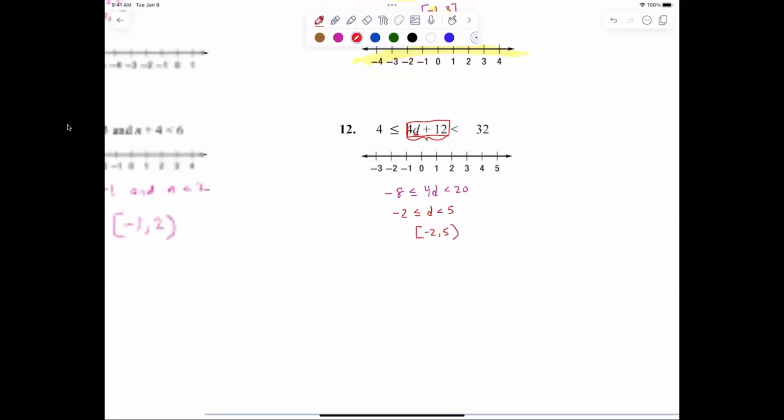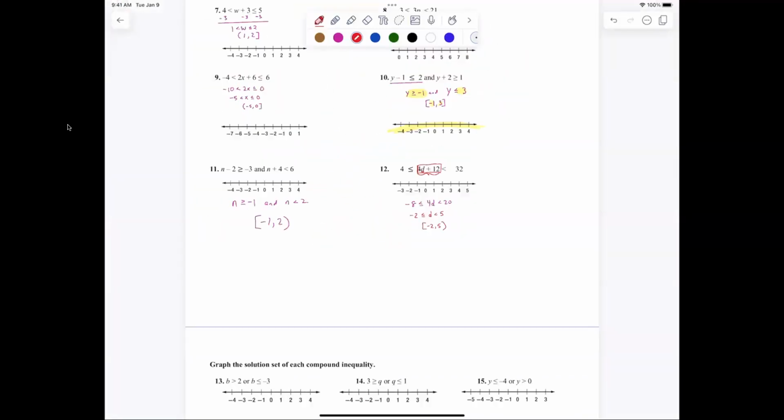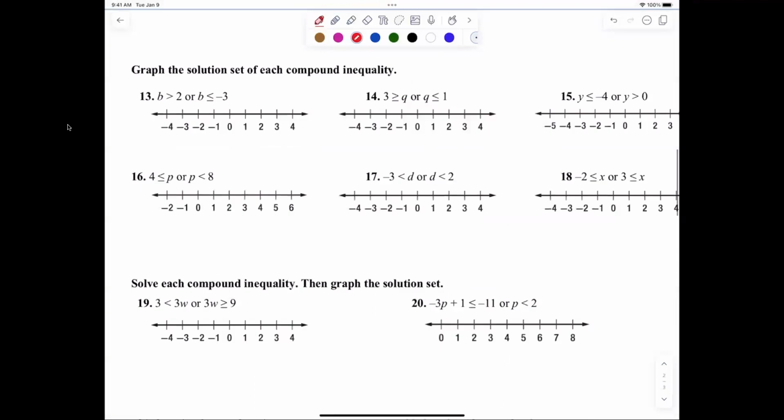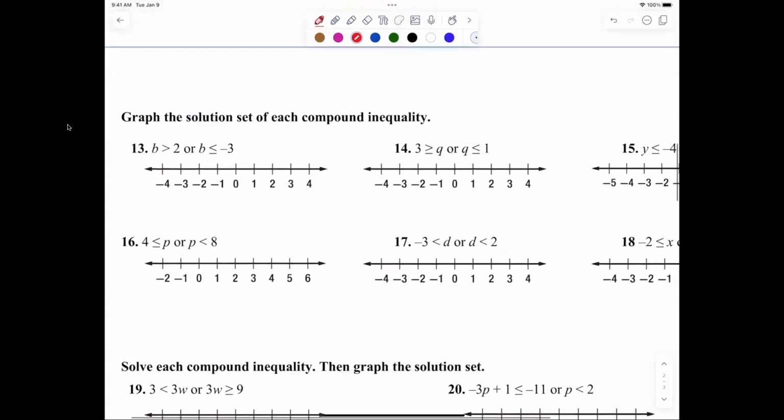So that is, in fact, the and statement. That's called a conjunction. Now, after the and comes the or. And the or statement is considered a disjunction. Now, look at the difference.